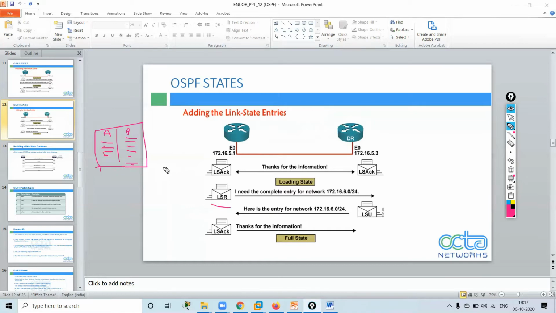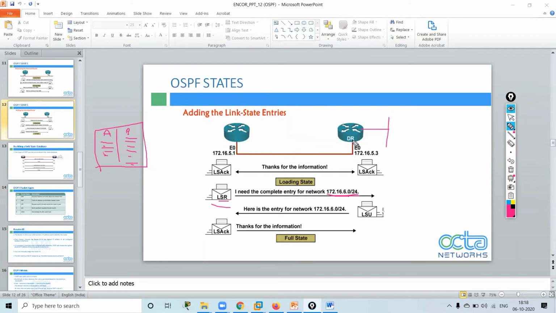Suppose there is a network 172.16.6.0 whose information is not present in the DBD of A. Router A does not know how to reach this network. So it will send an LSR packet, link state request, requesting that please provide me the complete entry for this network.